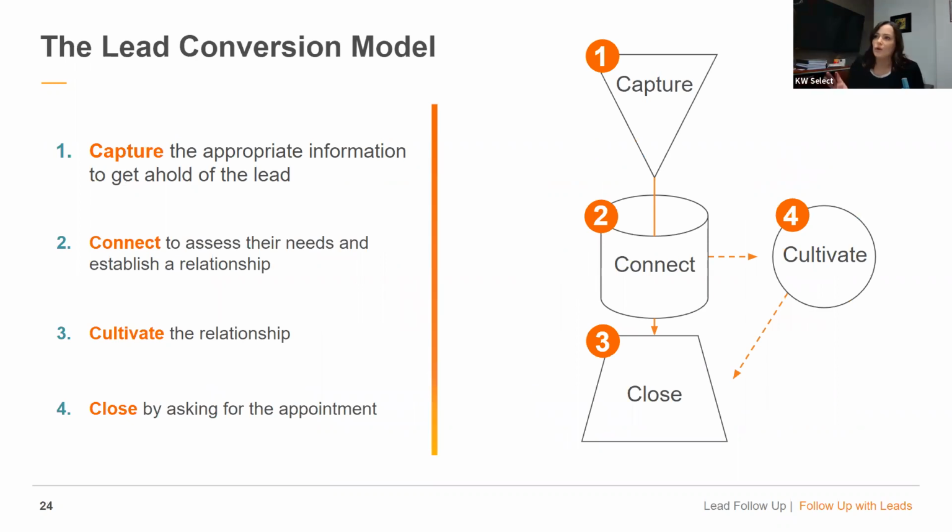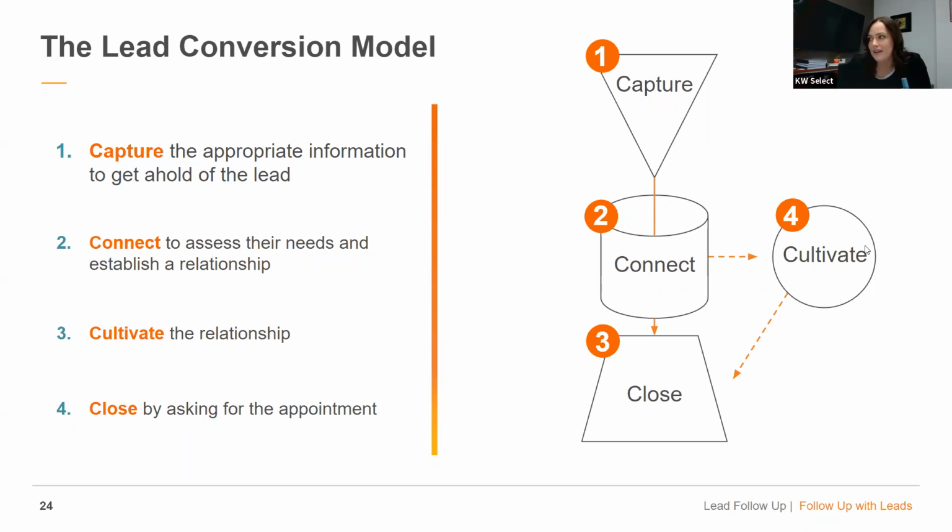So just recapping the whole lead conversion model. Every lead has the potential to turn into business, as we've already talked about. There are no bad leads. Okay. With the conversion model, you've learned that you have to capture the appropriate information for the lead. You need to connect with them to assess their needs and establish a relationship.